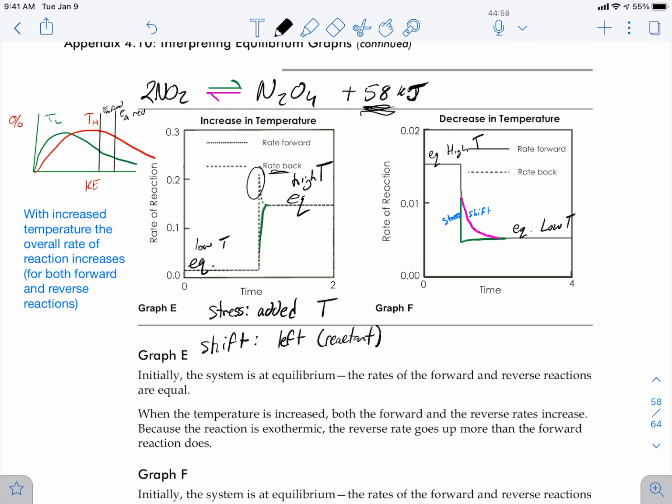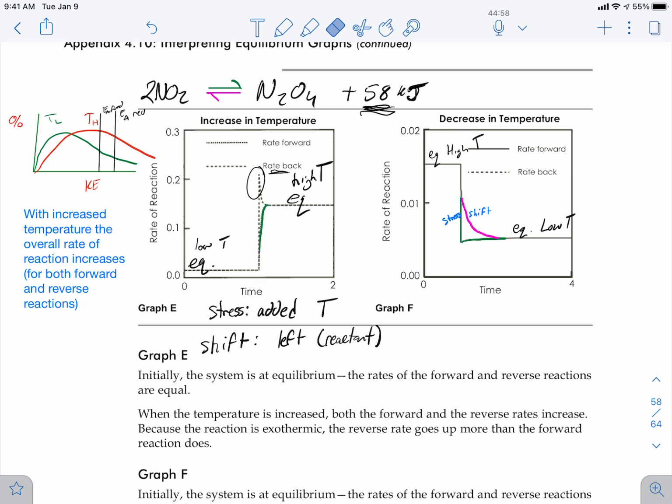So we're decreasing the temperature, so that means that there is a great change in the forward direction, and I'm just going to erase these just because I'm a little worried about what these lines say. Yes, so the forward reaction, okay, I was right.